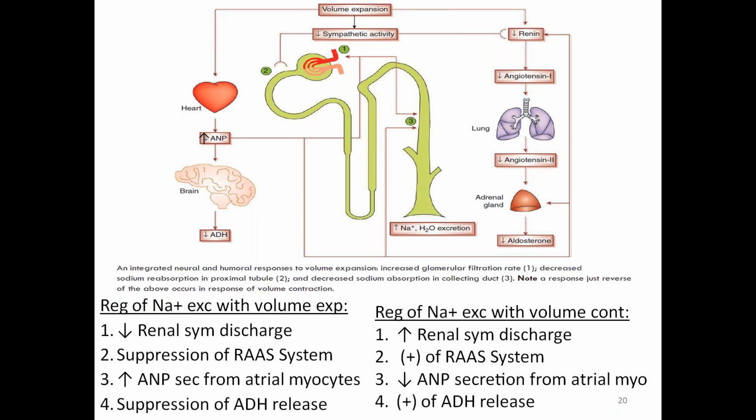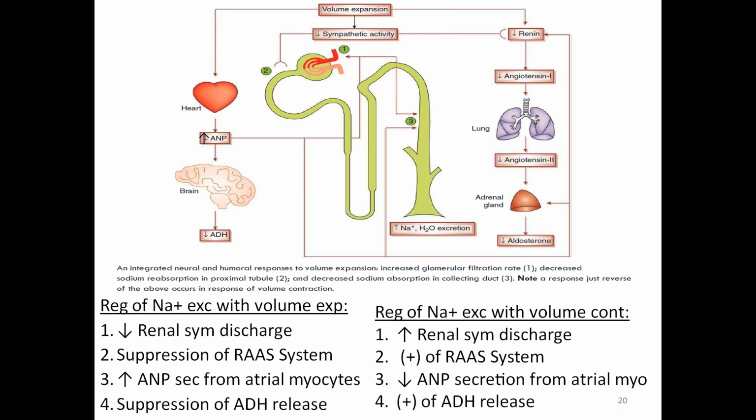So one is a situation where it is showing regulation of sodium excretion with volume expansion, which is the one shown in the diagram for now. So volume expansion, which means a large increase in ECF volume and ECV. When do they occur?